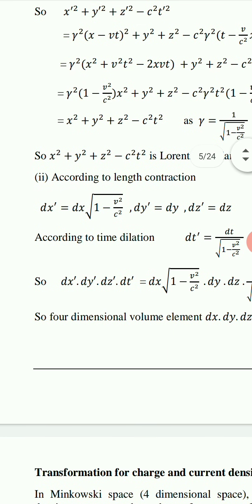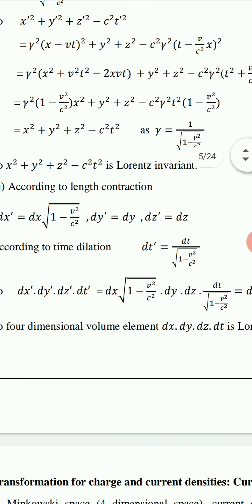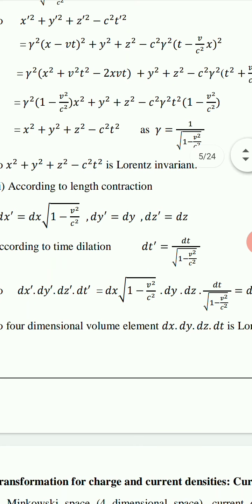The length contraction equation, dx dash equal to dx under root 1 minus v square upon c square, relates dx and dx dash. Dx is the length element in S frame and dx dash is the length element in S dash frame. Similarly, the time dilation equation is dt dash equal to dt upon under root 1 minus v square upon c square.